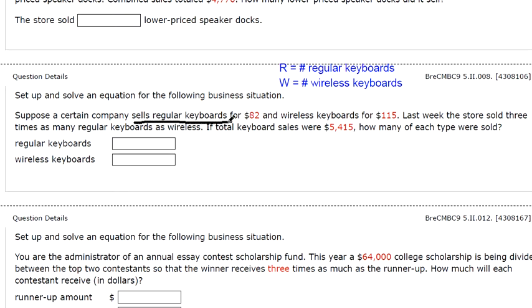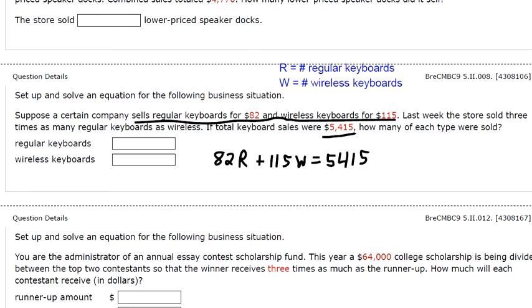Regular keyboards for $82, wireless keyboards for $115, and they had $5,415 in sales. So 82 times the number of regular keyboards plus $115 times the number of wireless keyboards. That should tell us the total amount of sales.